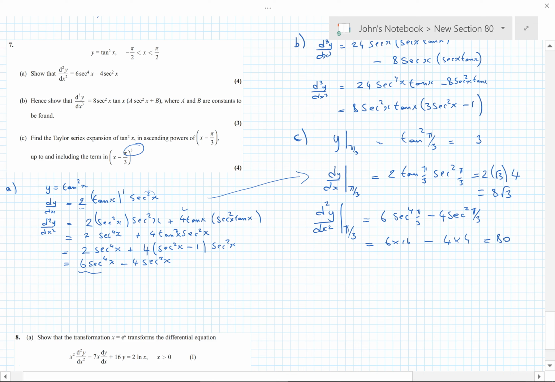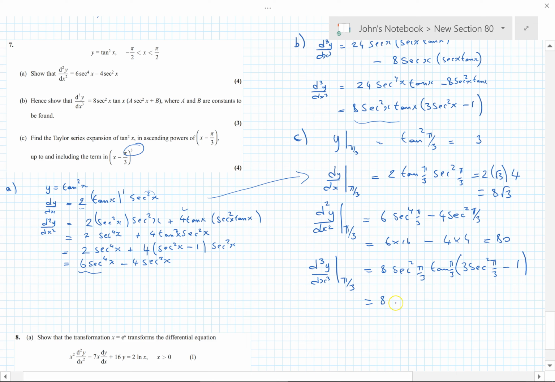Okay, and then d3y by dx cubed, x is pi by 3. Let's use the expression from here, so that's 8 sec squared pi by 3 tan pi by 3 over 3 sec squared pi by 3 minus 1. That equals to 8.